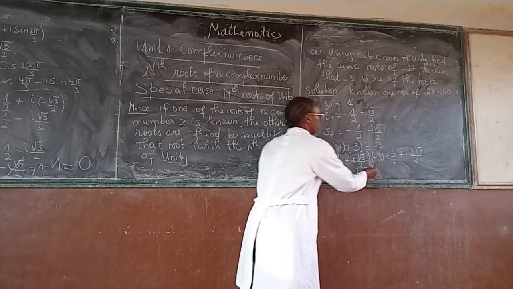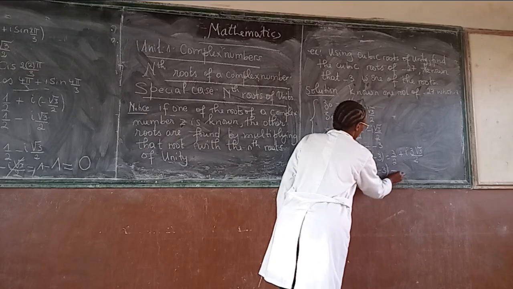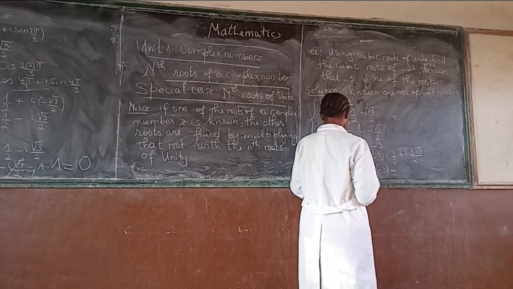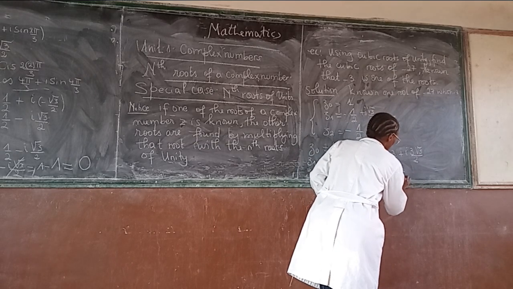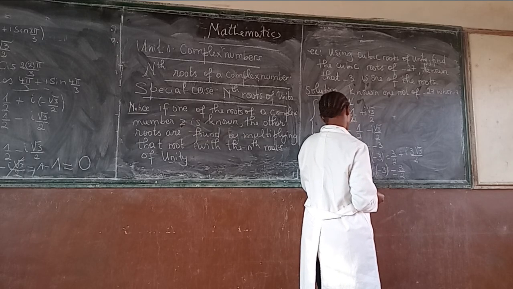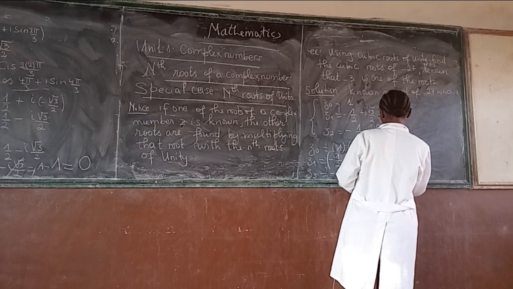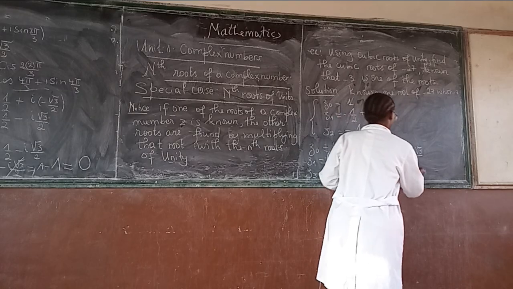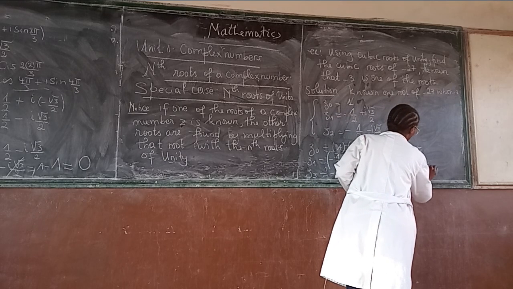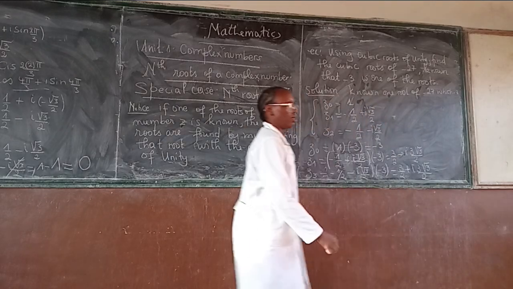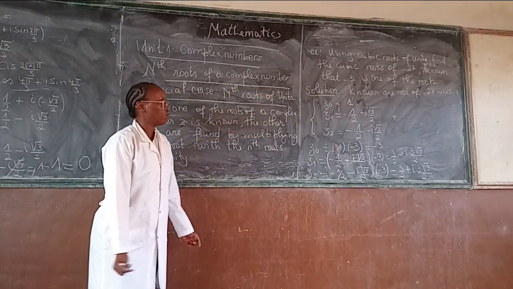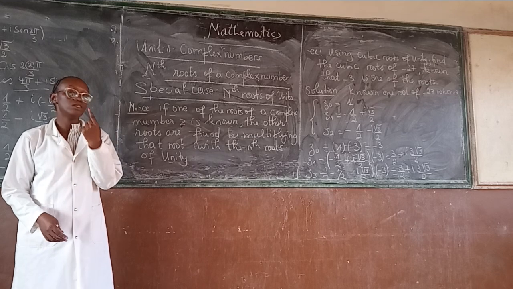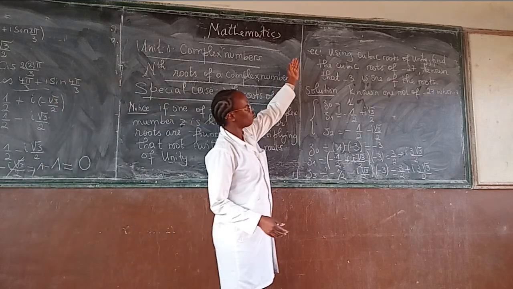Again, we multiply that by negative 3. So finally we get 3 over 2 plus i 3 square root of 3 over 2. So this is how we can get the roots of another complex number, once we know one root, by using the roots of unity.